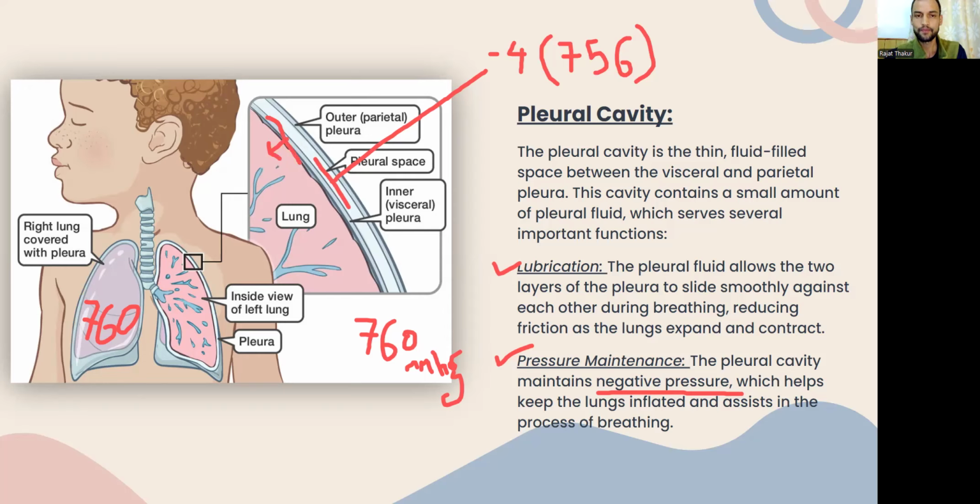But then there are the ribs, and to the ribs there is a connection with the visceral pleura. So the visceral pleura, being connected to the ribs, will pull out both the pleurae towards the rib cage.